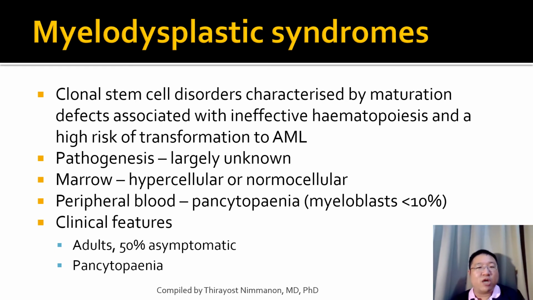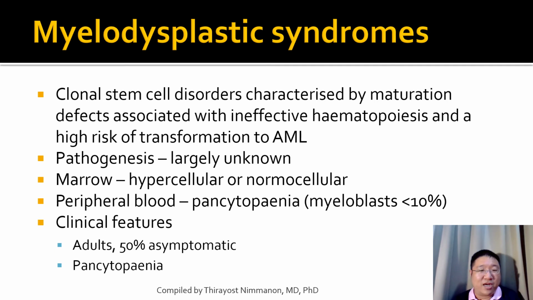It is abnormal growth associated with ineffective hematopoiesis and a risk of transformation into acute myeloid leukemia. Pathogenesis is largely unknown, and marrow is often hypercellular. The cells are ugly, the cells are abnormal, but they are not released into the peripheral blood.